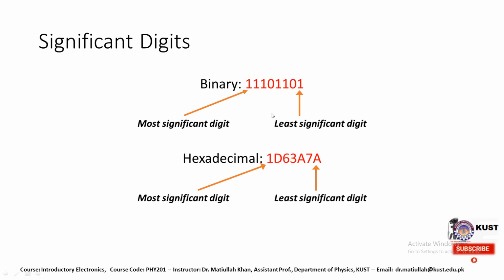So this is in the case of binary number systems. If you want to know the most significant digit and the least significant digit in the case of hexadecimal number systems, then in this example 1 is the most significant digit in this particular number, and a is the least significant digit in this particular hexadecimal value.